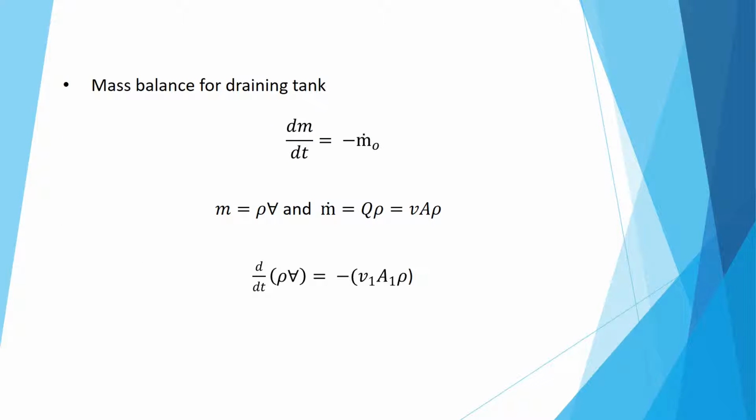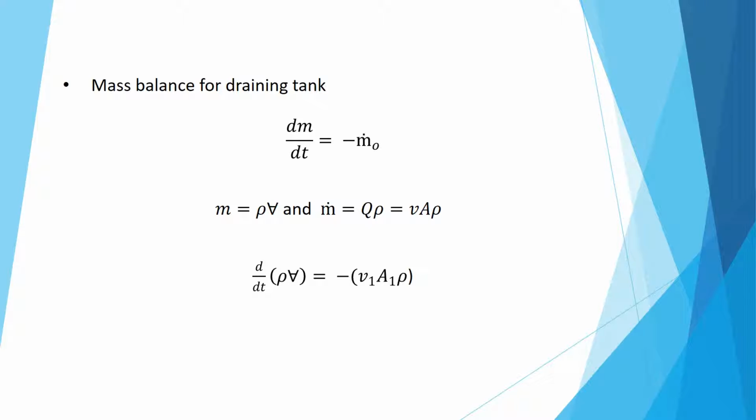As stated before, since the mass flow in is equal to 0, the change in mass with respect to time is equal to the mass flow exiting the container, where mass is equal to density times volume, and mass flow is equal to volumetric flow rate times density, which equals velocity times the cross-sectional area times density.